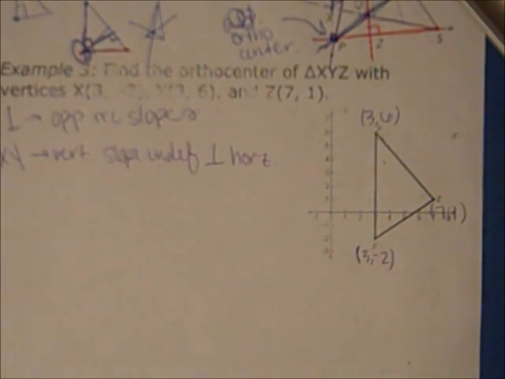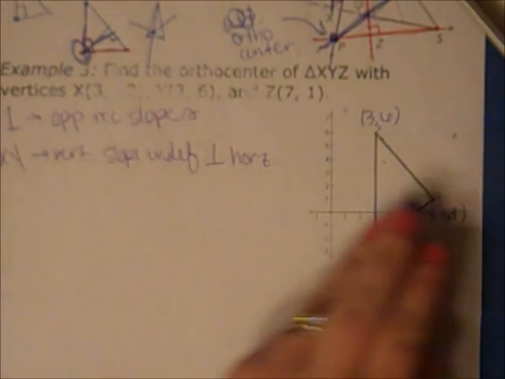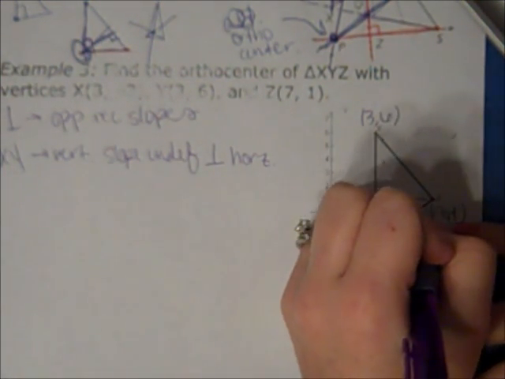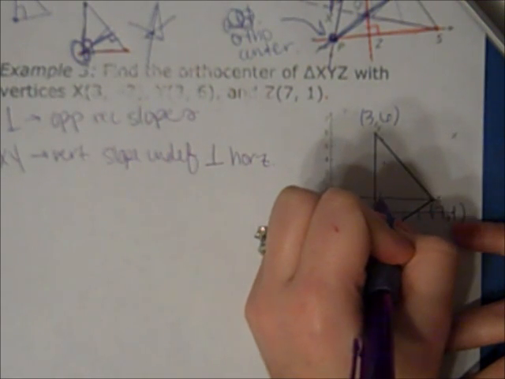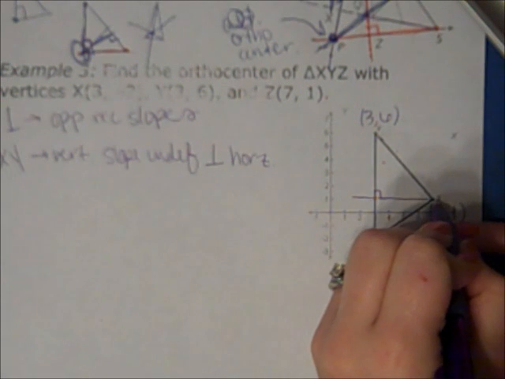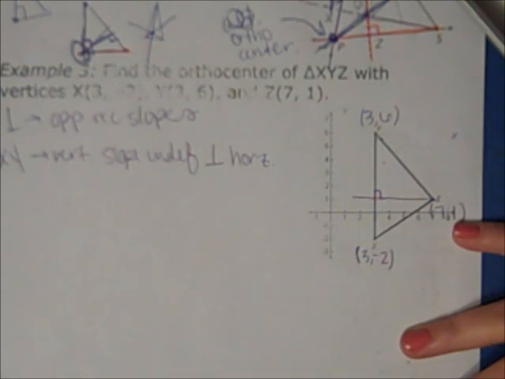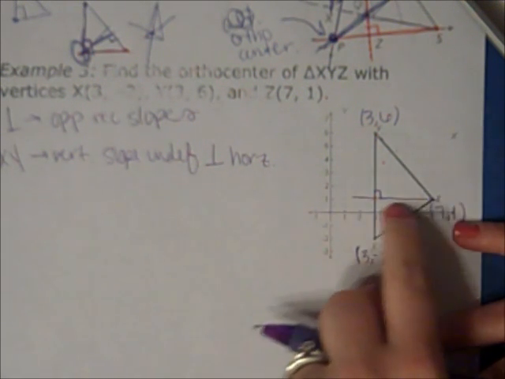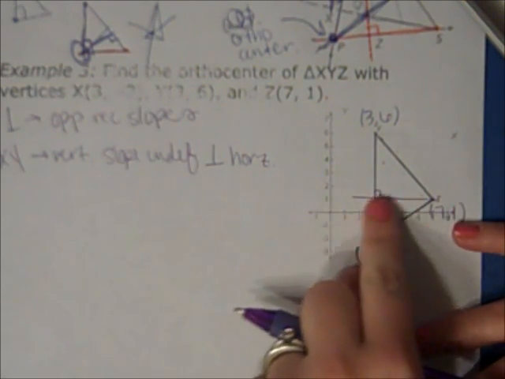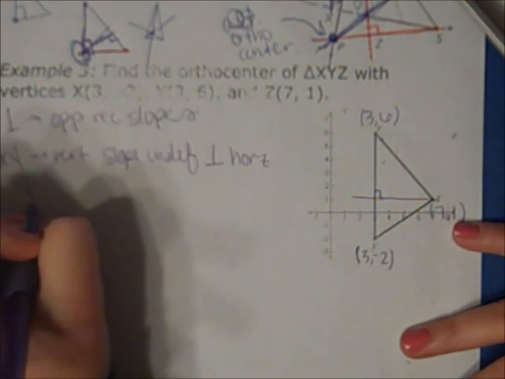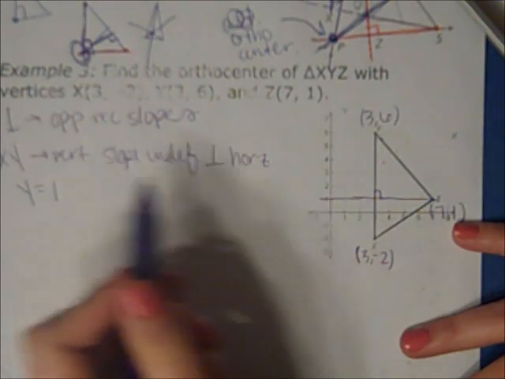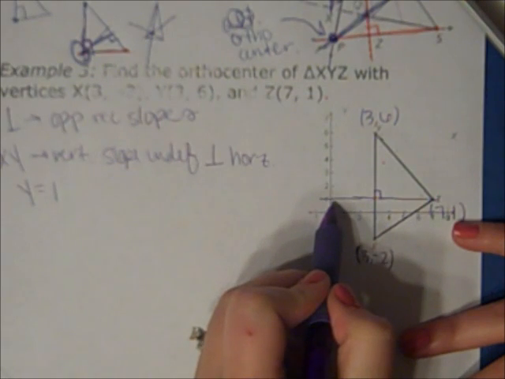So all we're looking for is the horizontal line that goes through point Z. So that would just be this line right here, because there you would see the right angle. It's going through the vertex of the other side, and it's making a right angle right here. So this equation, we practiced writing equations of horizontal lines. This equation going right here is y equals 1. Remember, it crosses the y-axis, so we use a y. Where does it cross?